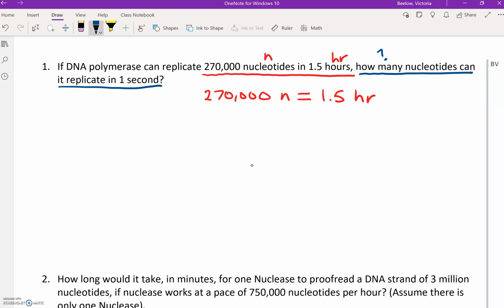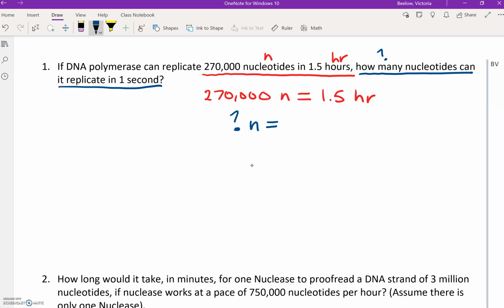So how I write this as an equality, and this is how you're going to figure out what to start your picket fence with. It says, how many nucleotides? Well, I don't know how many nucleotides. That's what I'm solving for. It's like a question mark or like X. So I'm going to write a question mark because I don't know what that number is. That's what my answer will be. Question mark, and then I'm going to write N for nucleotides. Can it replicate in 1 second?